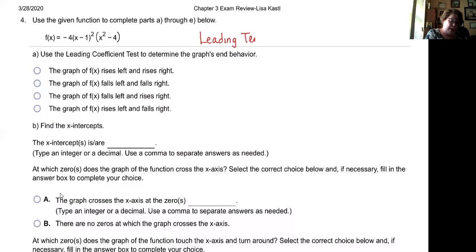the leading term has to be, we're going to take each of these first terms. So we're going to take the negative 4 times the x, but we're squaring the x, times x squared. So that's going to give us negative 4x to the 4th. So this is a 4th degree polynomial function that's even.